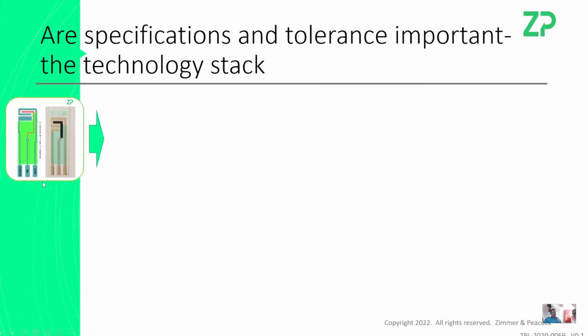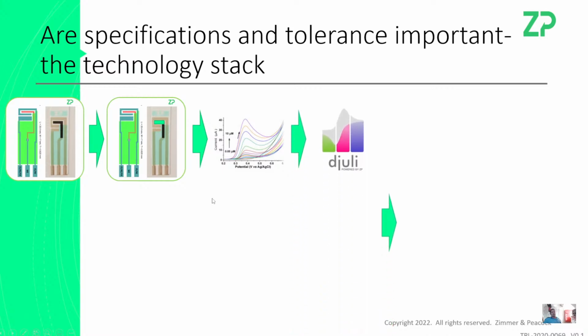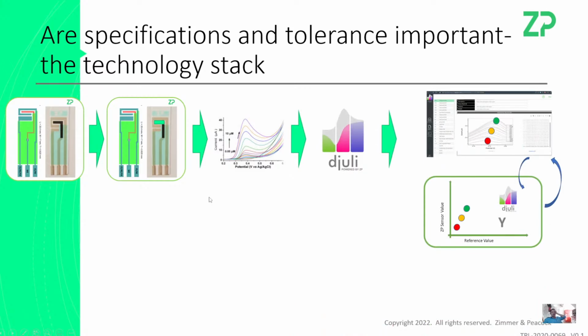So at Zimmer Peacock, we don't want to just think about the screen printed electrode. You've got to think about the functionalization, mediators, enzymes. You've got to think about the excitation of it. You've then also got to think about the data extraction. How you extract a signal from a sensor can give you better precision and better accuracy.